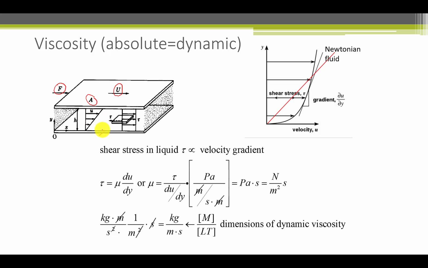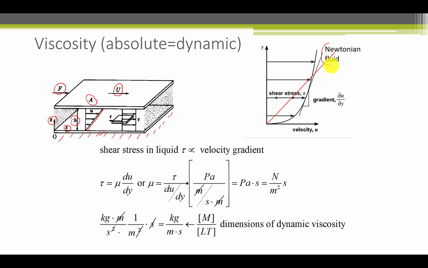This is the stationary plate, so it's fixed. And we have a distance here of liquid between the two plates, h. Here's the coordinate system. X is in the direction of the moving plate, and y is the measurement from the stationary plate upwards. Now we have assumed a linear velocity gradient, and that's shown over here.